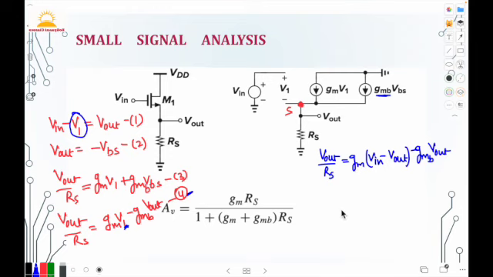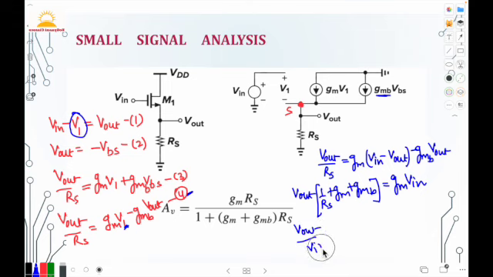Now taking all Vout on the same side, Vout times (1 upon Rs plus gm plus gmb) equals gm Vin on the right hand side. So our voltage gain is Vout upon Vin, gm upon all these factors. So this is our voltage gain.